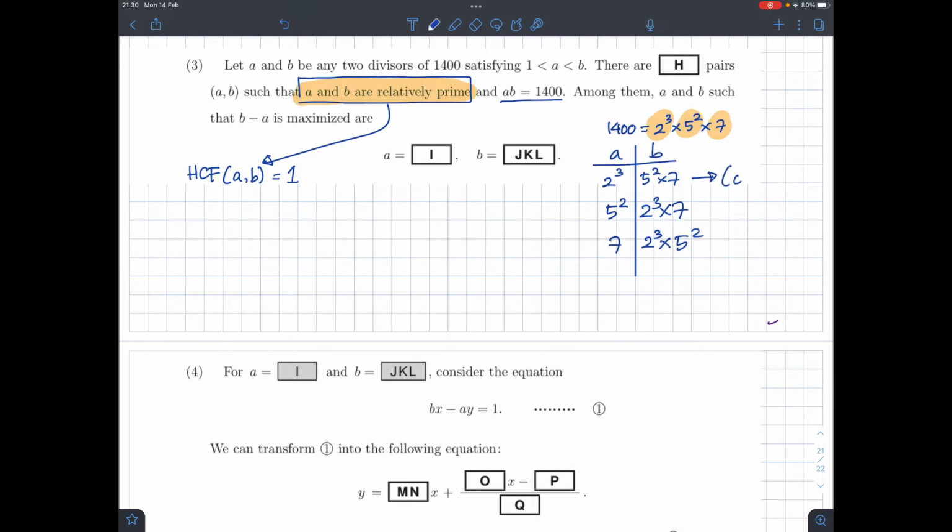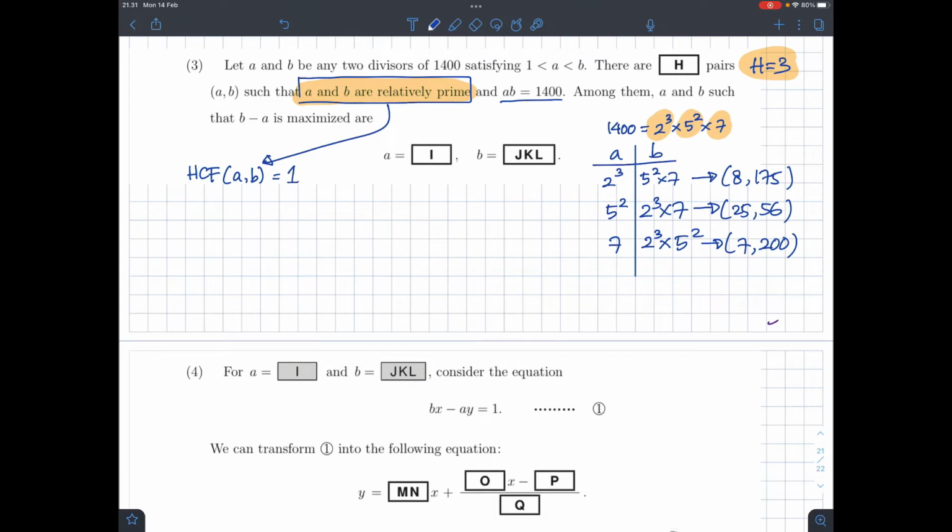So it means the pair becomes 8 and 175, or 8 times 7 becomes 56, and the last pair 8 times 25 is 200. So there are 3 pairs here.